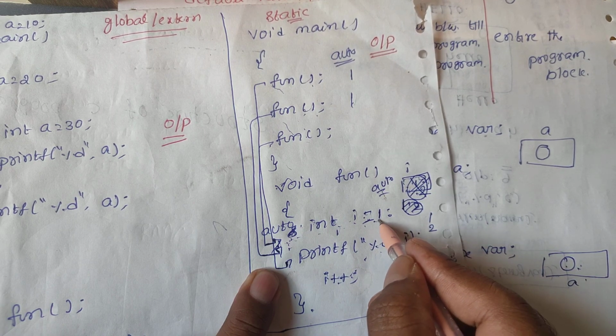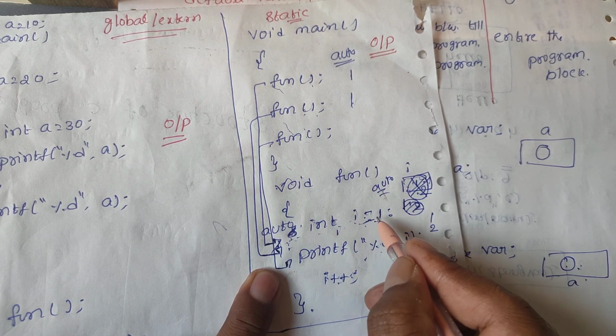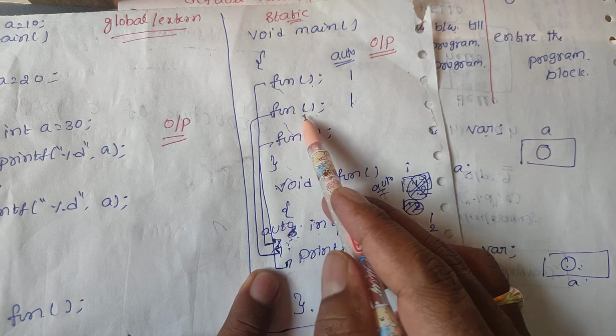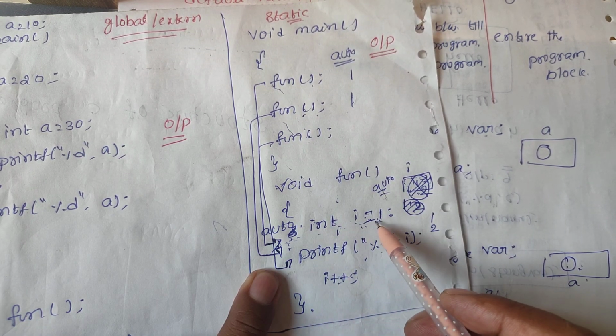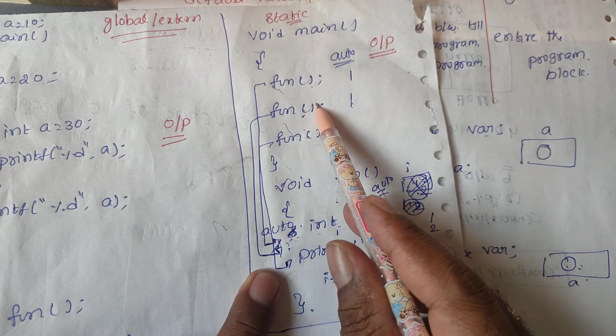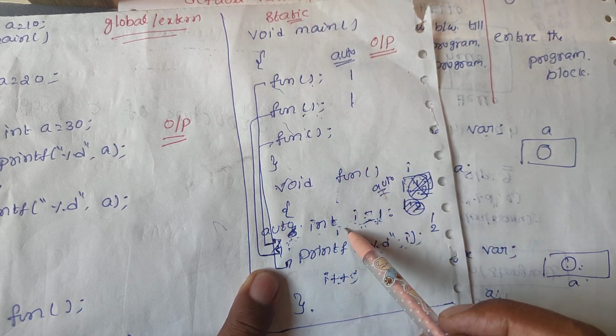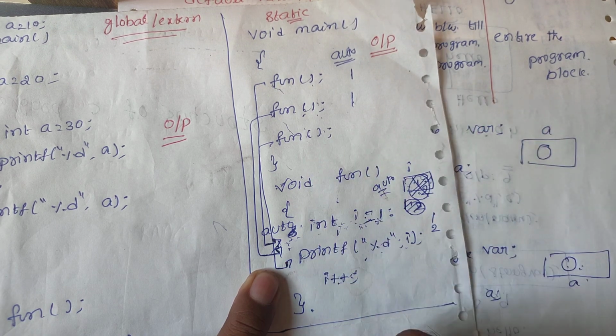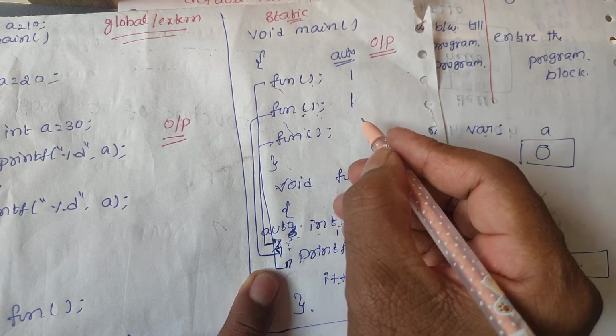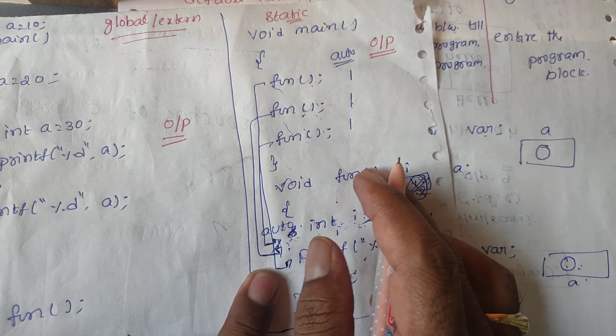That means initialization occurs each time the function is called; here the function is called 3 times, so initialization occurs 3 times. So this is about the automatic variable, which displays the value 1 each time.